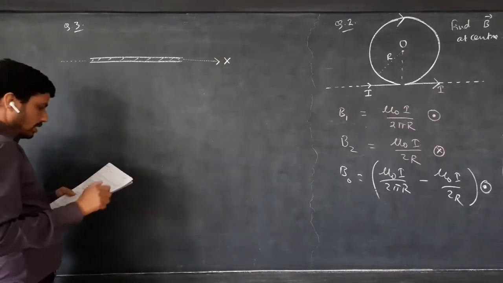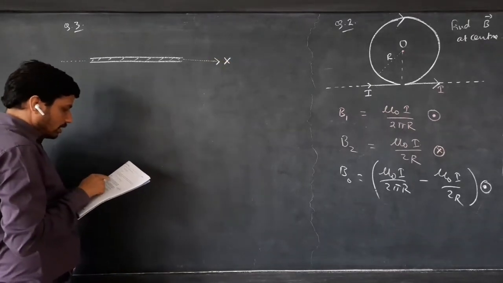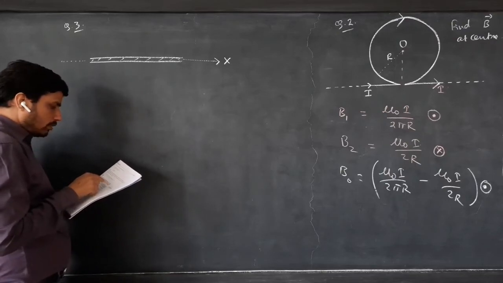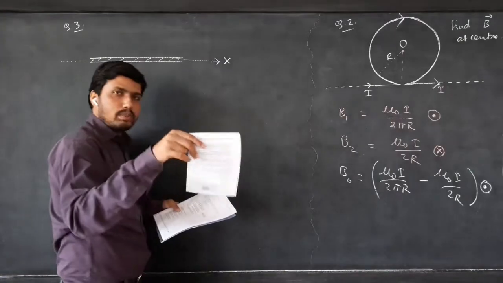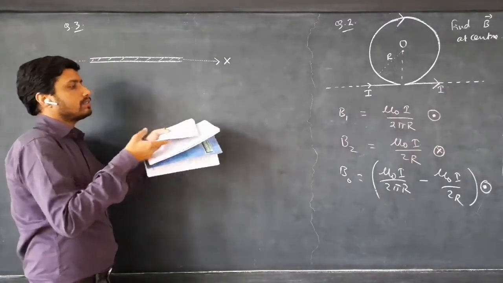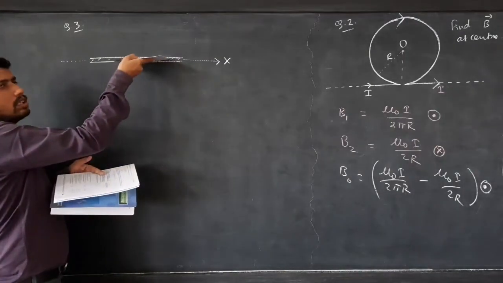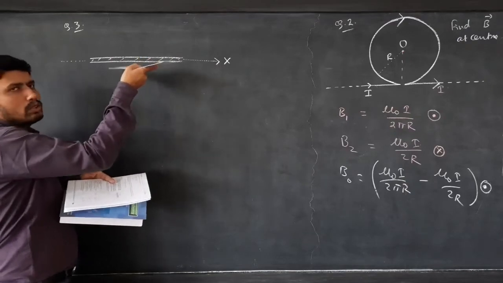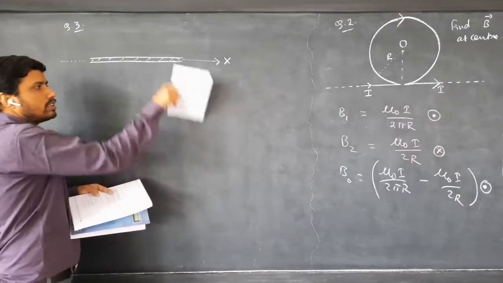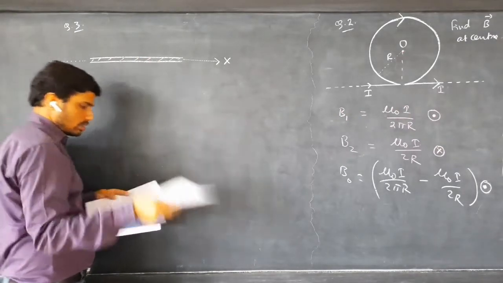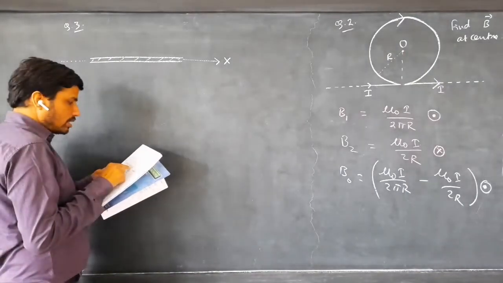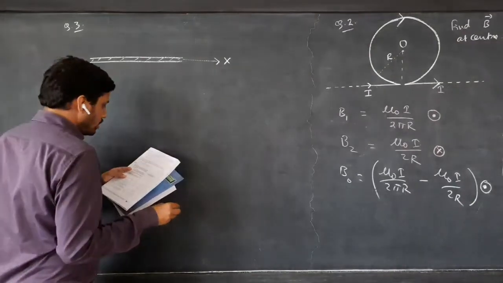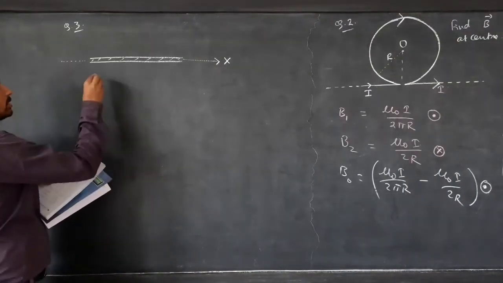Let me read the question for you. Given figure shows a cross section of an infinite conducting sheet. So suppose this is the sheet. This is a paper, so it is placed like this. The sheet is perpendicular to the plane of the board. So board is in vertical plane, sheet is horizontal. The sheet carries a current per unit x length of lambda is equal to pi ampere per meter.